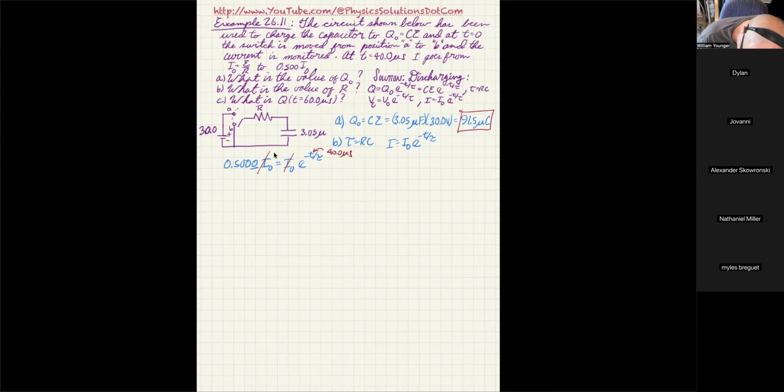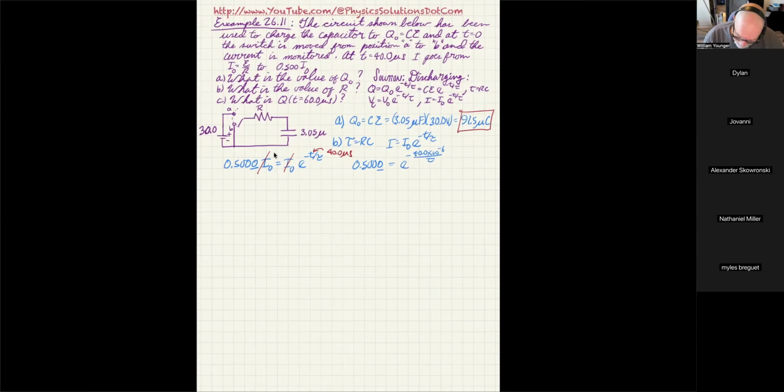So plugging this in, I now have 0.500 with an extra digit, not sig fig, and that's equal to e to the negative 40.0 times 10 to the negative 6 over tau.